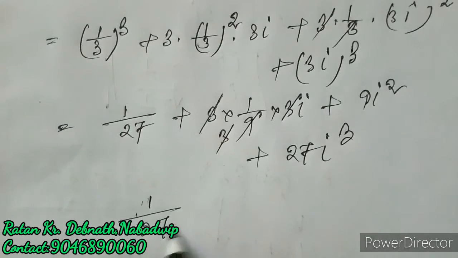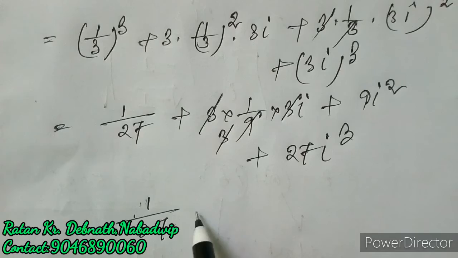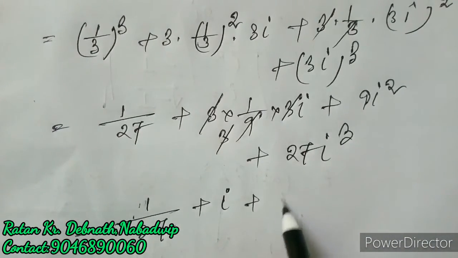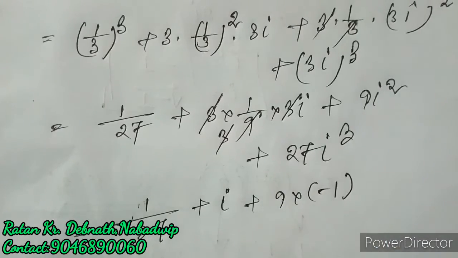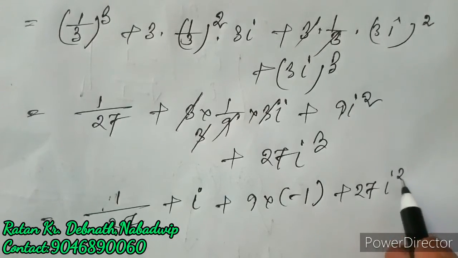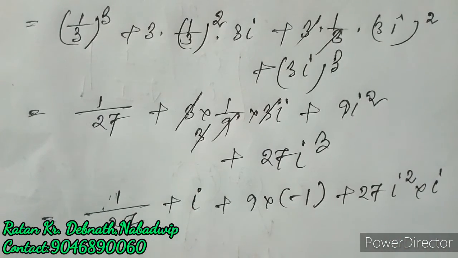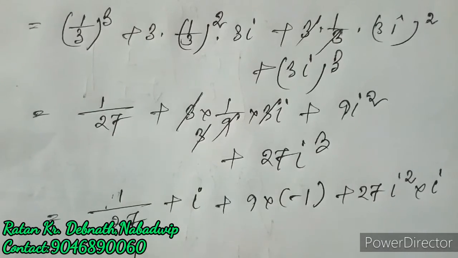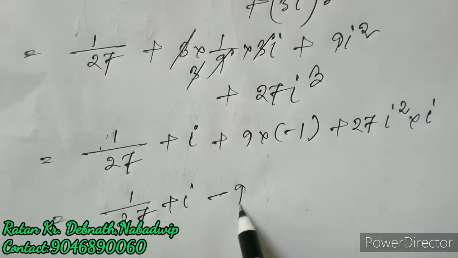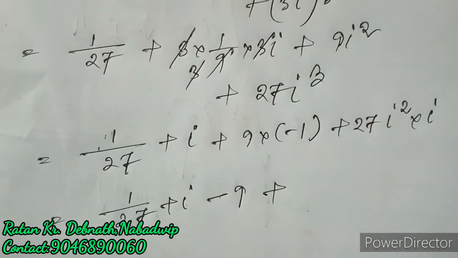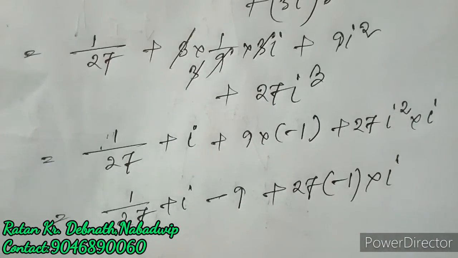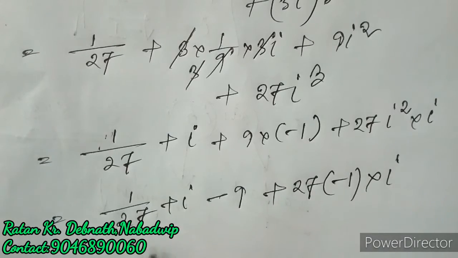One by 27 plus i only, plus 9 into minus 1, plus 27i square into i. 1 by 27 plus i minus 9 plus 27 into minus 1 into i, because we know i square equals minus 1.